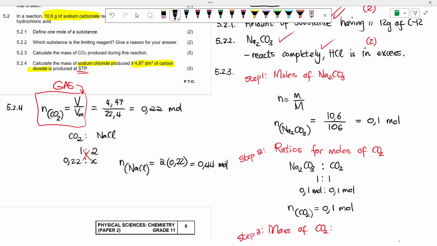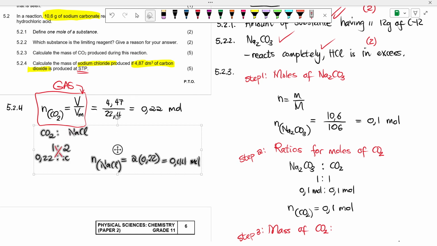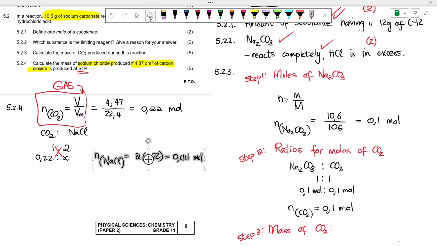Yes. Okay, good. Then the last thing I'm gonna need to do is to use the moles is equal to mass over molar mass. That will help us find the actual mass. Okay, so it's the exact same kind of question, except they are not using the given data that we used to have.